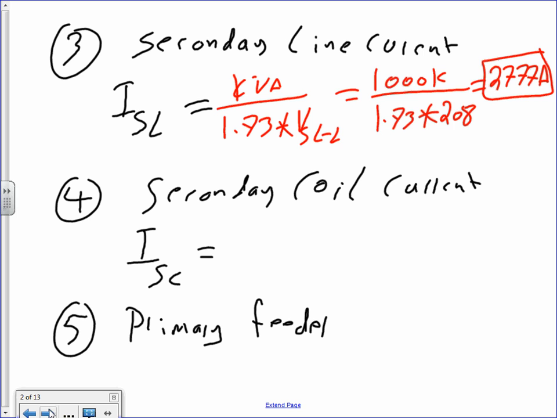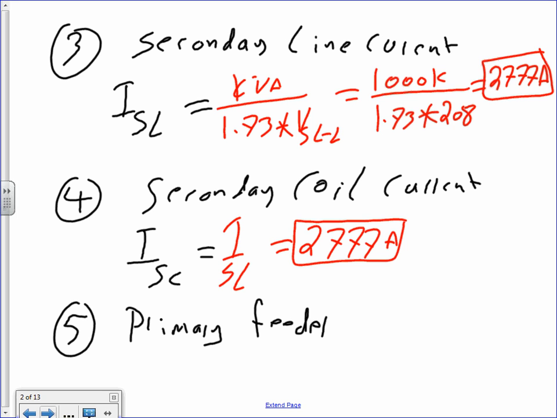Let's review a few of the things that you guys did with us before. So what's the I secondary coil equal to? I secondary line equals 2777 amps. Why? Because it's a delta connection. Delta is the first one. You're absolutely right, the other is a Y connection.